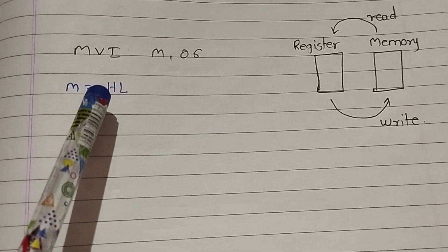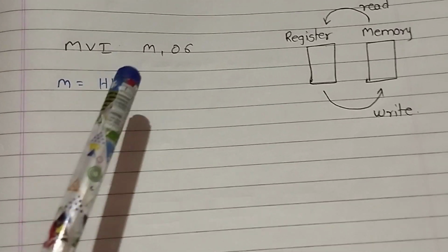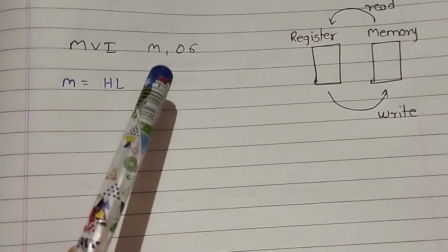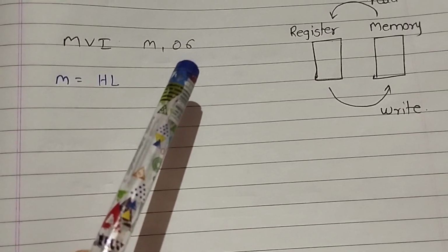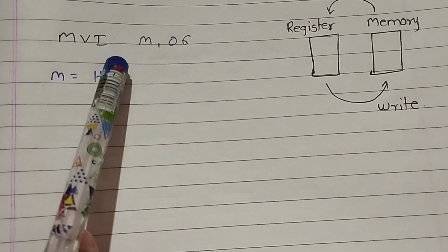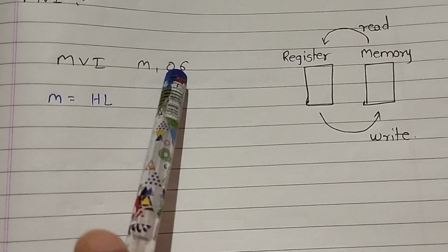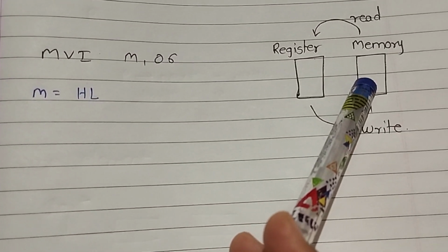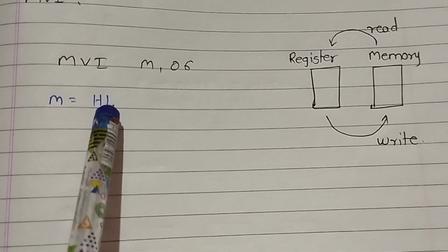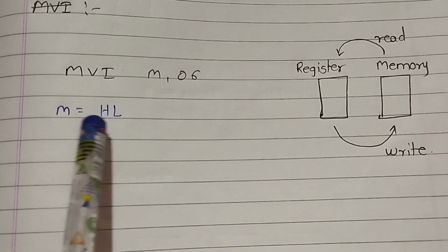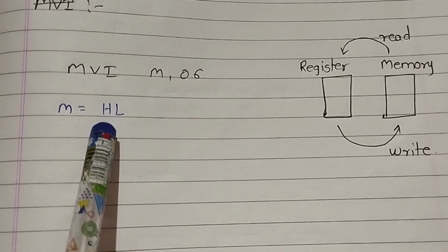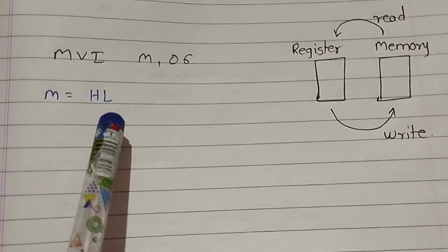Now the next instruction is MVI M,06, which means we want to copy 06 data into the memory. For that, we know 06 is already present in the memory, and M is equal to HL, which means memory stores 16-bit data in the H and L register pair.